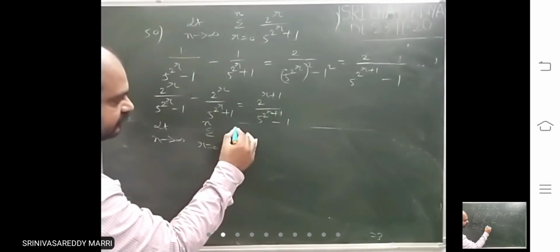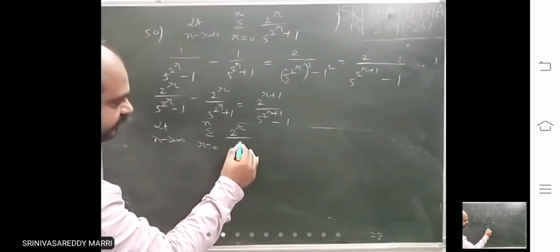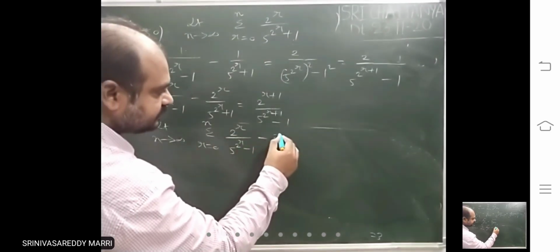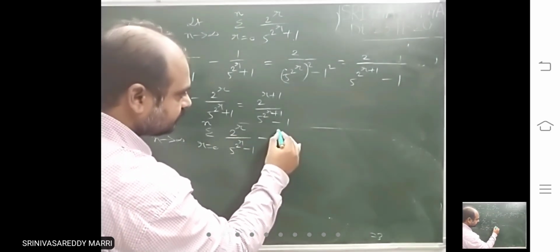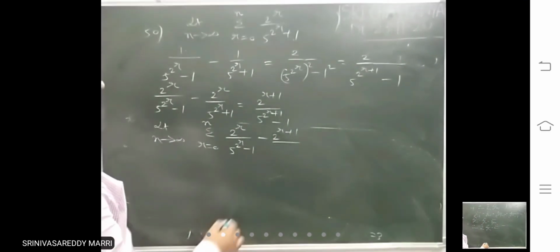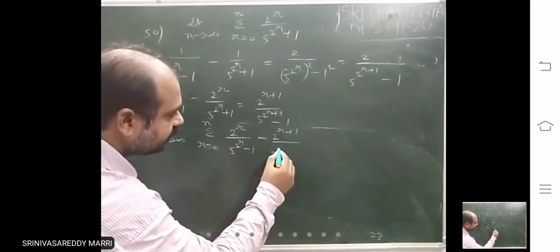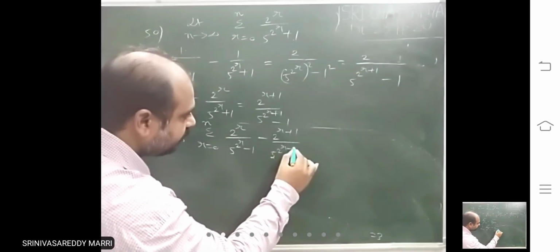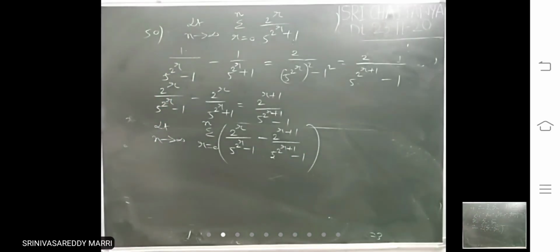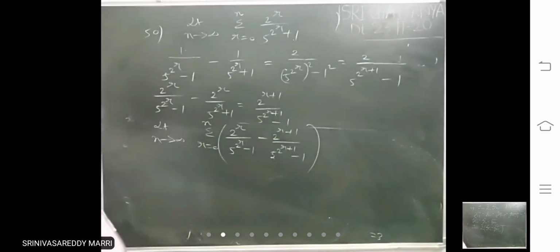That means you will get 2 power r divided by 5 power 2 power r minus 1, minus this, divided by 5 power 2 power r plus 1 minus 1. You got it like this. So the required one is 2 power r divided by this; I have written this minus this.